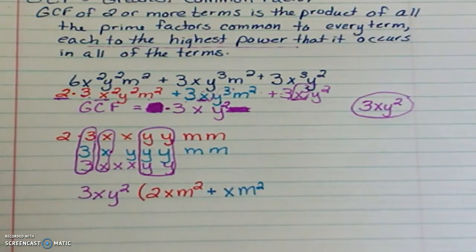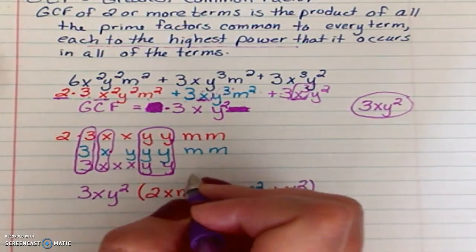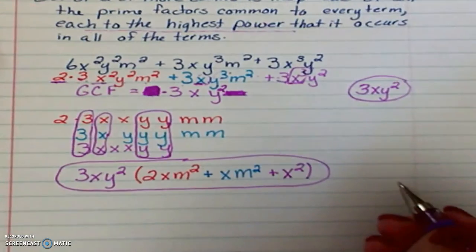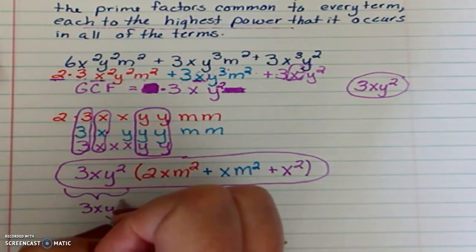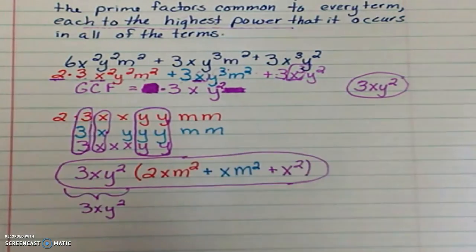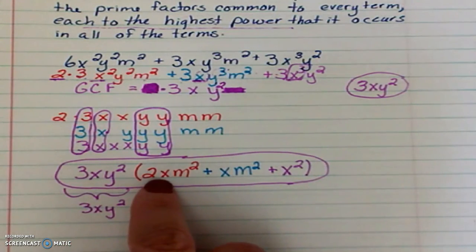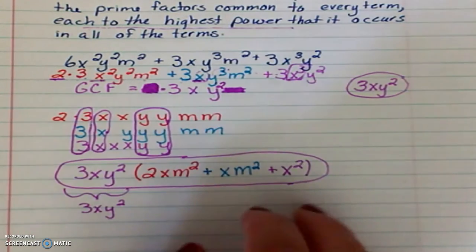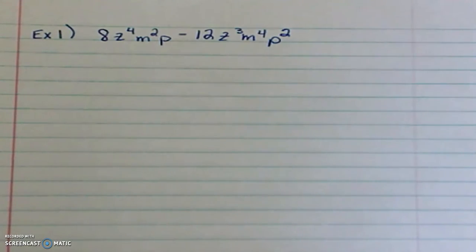And in the last term, what we are left with is x squared. So this is the full factored form that they are looking for in lesson set 35. The greatest common factor is just 3xy squared. But what you are left with is what is known as the factored form if you include that: 3xy squared times the quantity 2xm squared plus xm squared plus x squared is the full factored form.